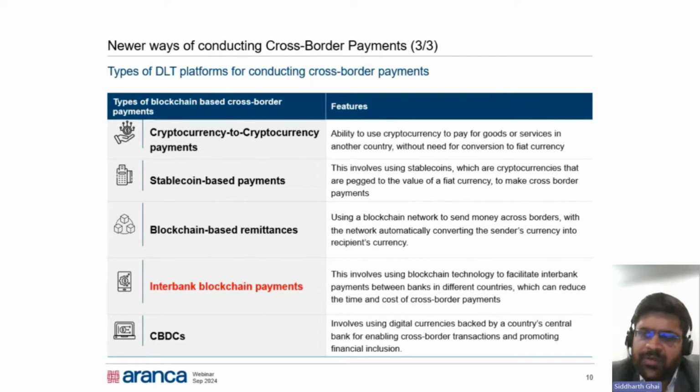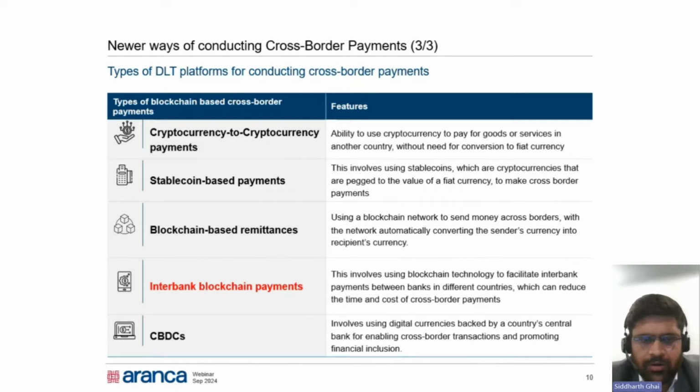And they have a specific set of tokens that they buy, and a specific set of tokens that they redeem to make the transaction. And then there are CBDCs. CBDCs are central bank digital currencies. These are backed by the country's central bank, and they enable cross-border transactions.